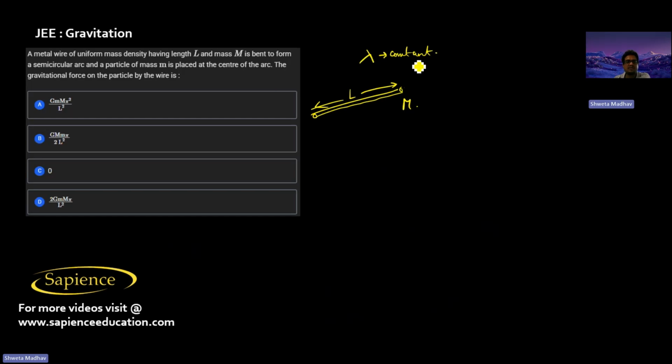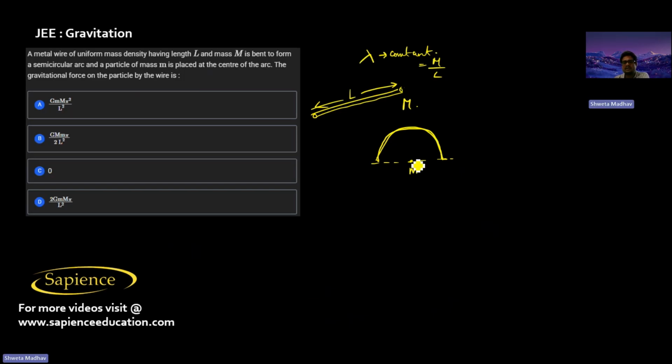Lambda is mass per unit length, that is constant throughout the length, and the wire is bent to form a semicircular arc, and a particle of mass small m is placed at the center of the arc. The gravitational force on the particle by the wire varies.